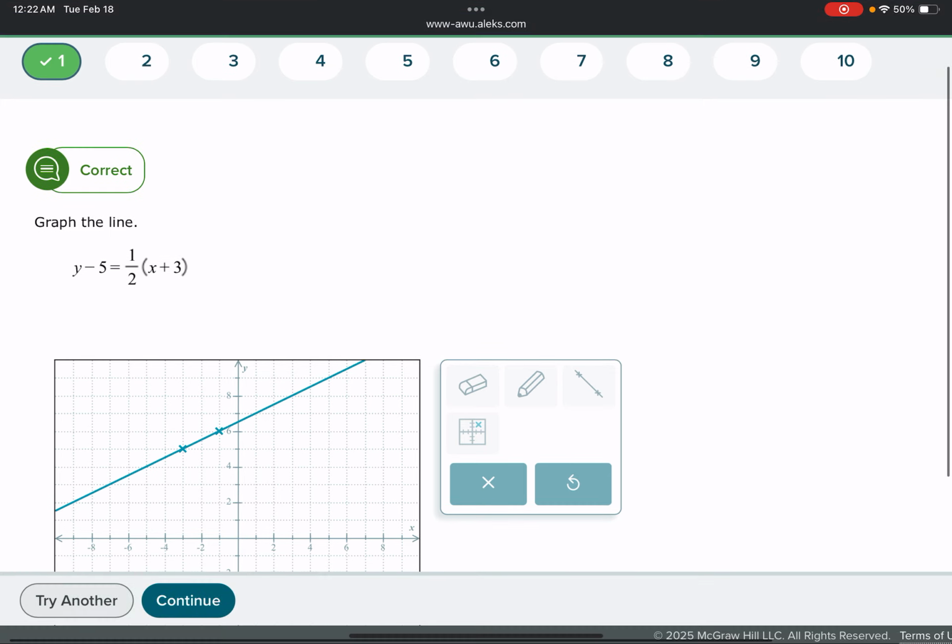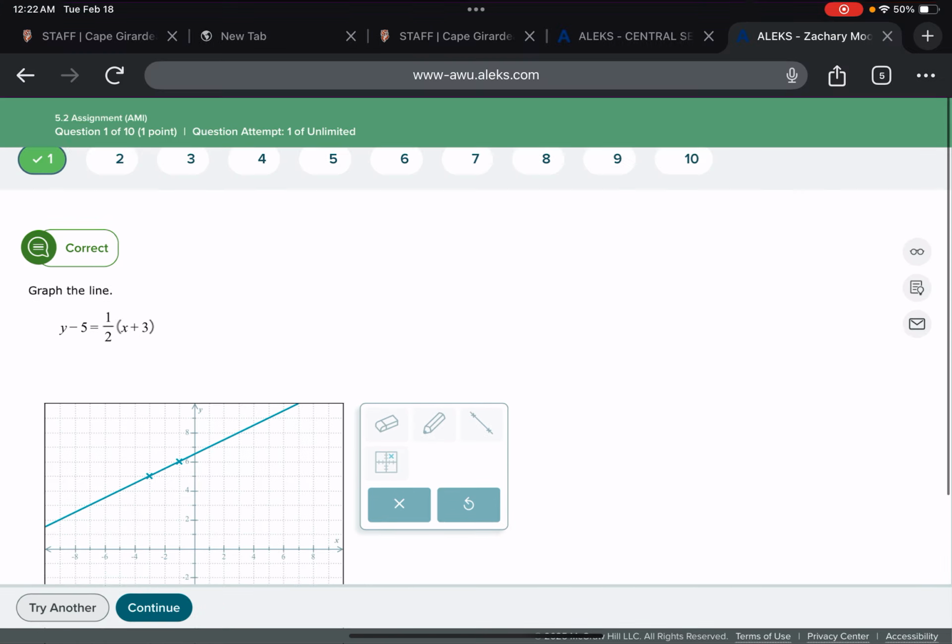So that's how we got that first ordered pair as negative 3 and positive 5. And then we just used our slope, which was a rise of 1 and a run of 2. And remember, it's always up or down first, and since it's positive, it's up 1, and then it's always to the right. So we went to the right 2.